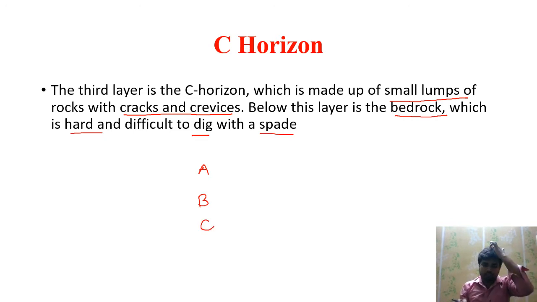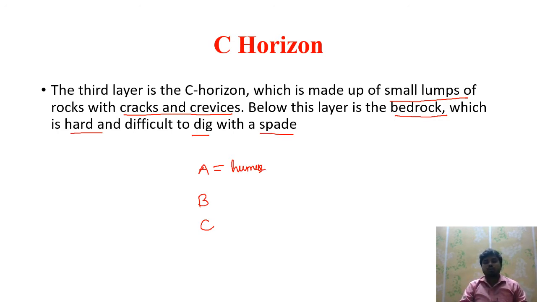Now students, you will tell what you have understood under these horizons. In the A horizon, it is rich in, yes, who will tell me? A horizon is rich in humus. Very good. But tell me, what are the biotic components over here?